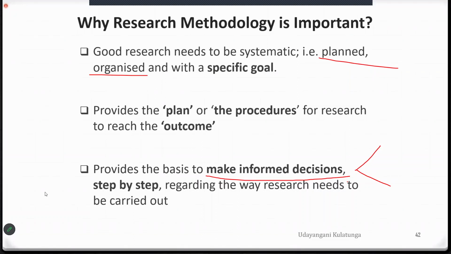Maybe you have thought to do 100 questionnaire surveys, but there seem to be certain limitations. But at the time of planning your research, you have thought about interviews as an alternative method, so you might be able to focus on that. In that aspect also, research methodology will be very important.